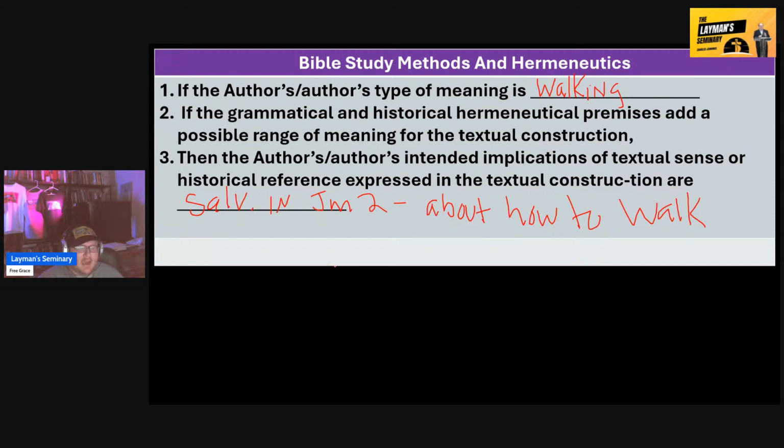Okay? Not how to get saved, but how to walk with Him. Not to prove that you're saved, but how to walk with Him. How to be useful. Okay, that's the idea that we're talking about here.